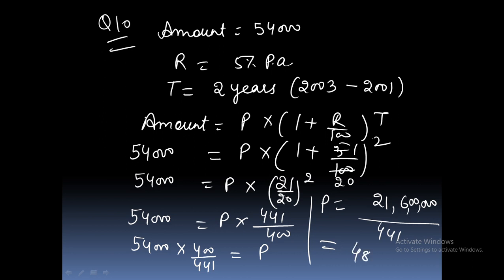After dividing it, we will get 48,979.59. This is approximately the population in 2001.